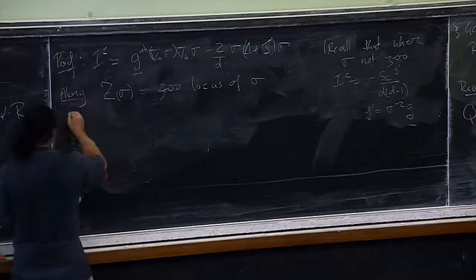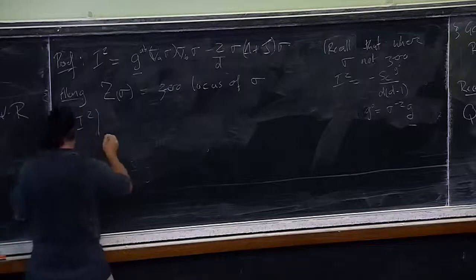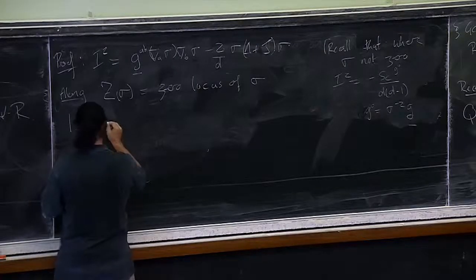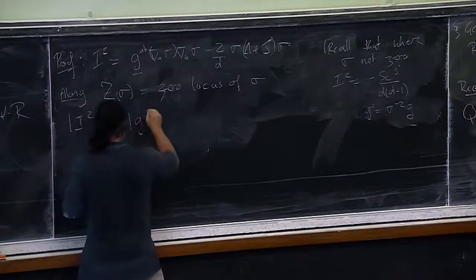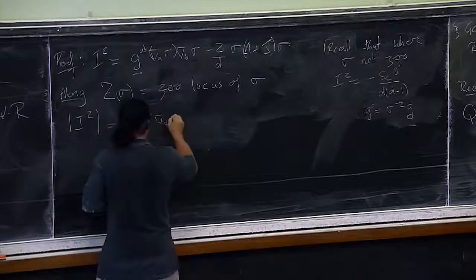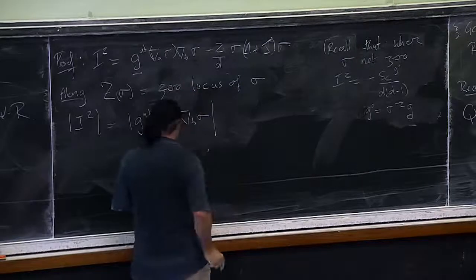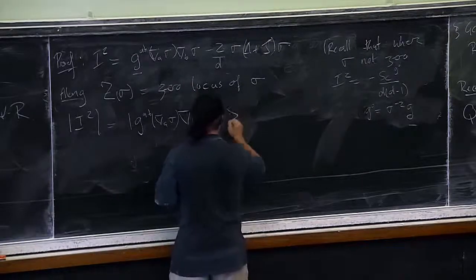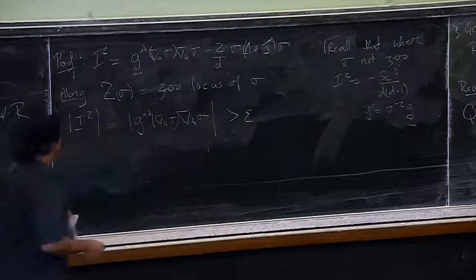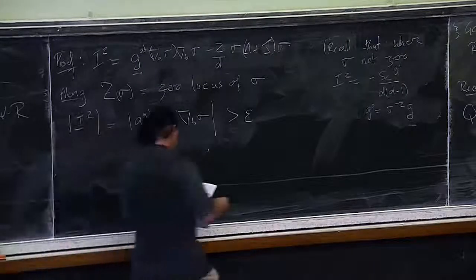But along the 0 locus, let's look at what happens. What we have is that I squared is just equal to G AB grad A sigma grad B sigma. And we asked that that be greater than epsilon. That was what we were assuming, that I squared was bounded away from 0.